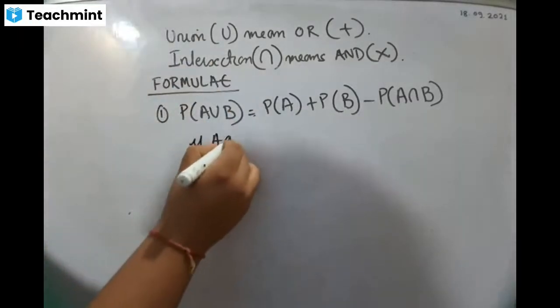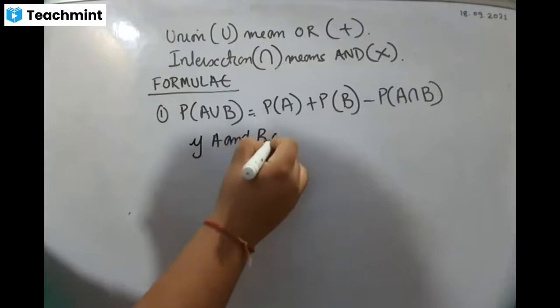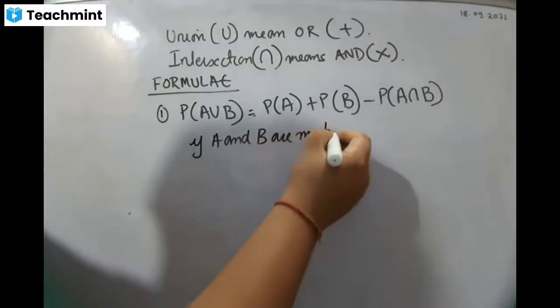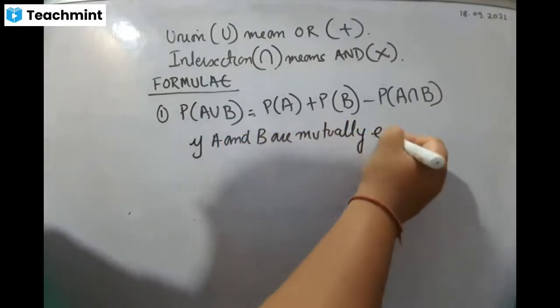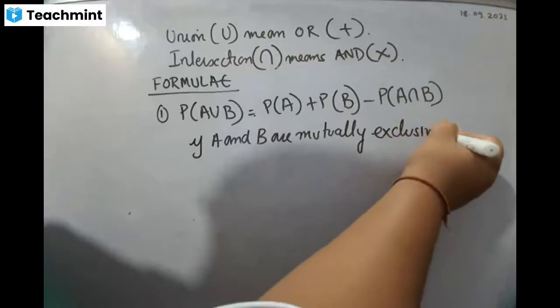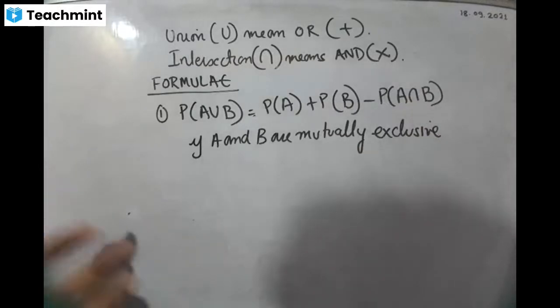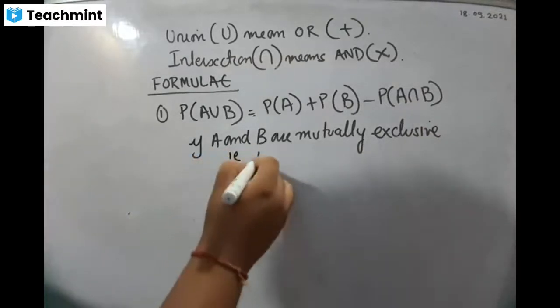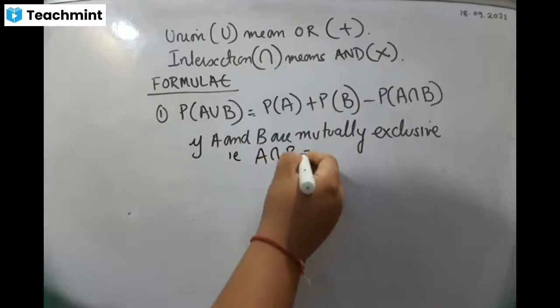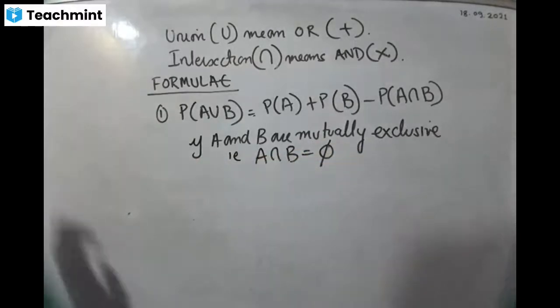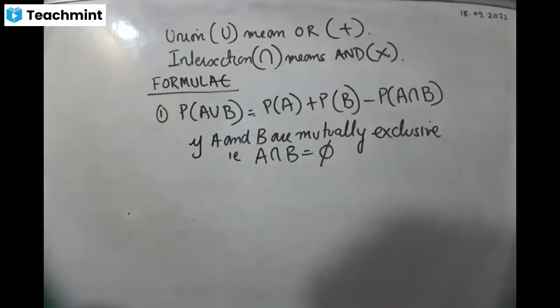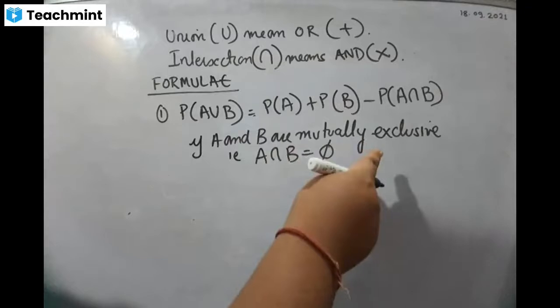If A and B are mutually exclusive, mutually exclusive means there is nothing common between A and B. That is, A intersection B is equal to phi. Phi means empty set. Is that clear? If there is nothing common between A and B, then it is called a mutually exclusive event.